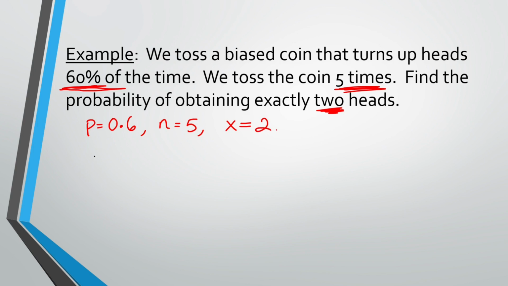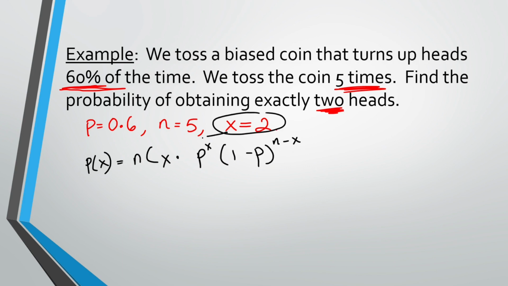Let's recall our formula. P of X equals N choose X times P raised to the X times the quantity 1 minus P raised to the N minus X. In our case, we want X to be equal to 2, so I'm going to plug in that 2 for our X values, and our N is going to be 5.